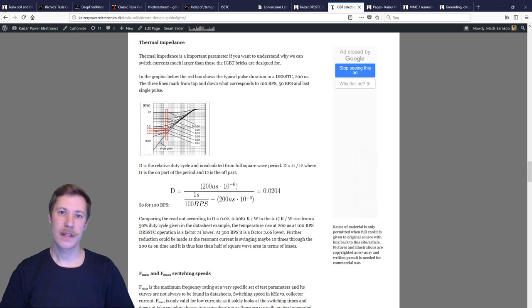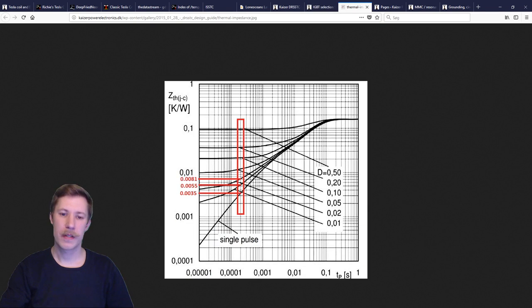Thermal impedance in IGBT bricks is all about a duty cycle. And the duty cycle in a DRSSTC is very, very low, as we are running around 200 to 300 microsecond on time. So even here we get placed at the graph very high up, as you can see here, that the single pulse graph is way down the chart on the Kelvin per watt, or Kelvin rise per watt dissipated.